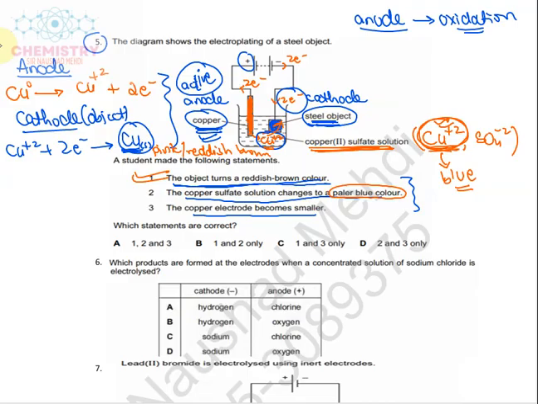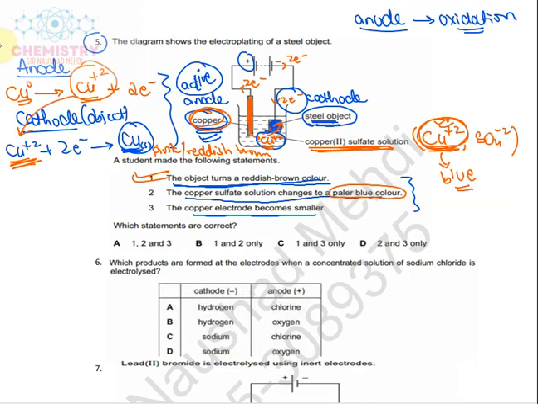They are not getting reduced at the steel object; they remain in the solution, while the copper ions being deposited at the cathode come from the anode. When the copper at the anode was getting oxidized, it was forming copper ions, and those copper ions are being reduced again at the cathode.